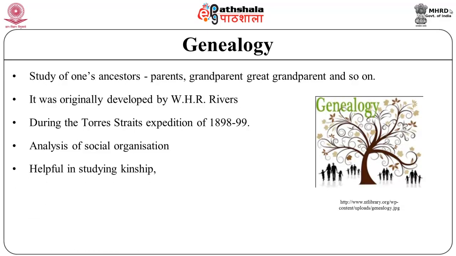Genealogy is very helpful in studying kinship and thereby in understanding the social structure or network of relationships among individuals. It is achieved by collecting demographic and social data and mapping residence details. Therefore, genealogy is often used along with the census and observation method.